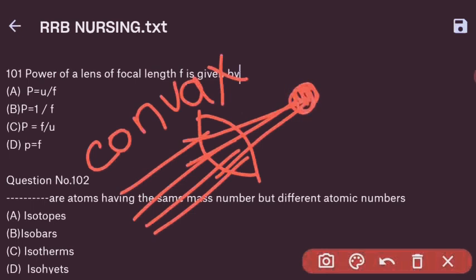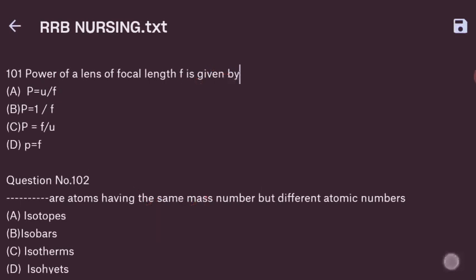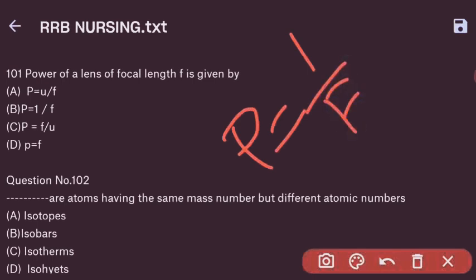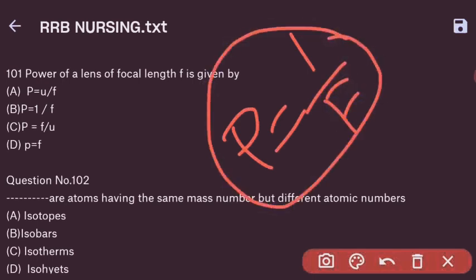This is the focal point and this one is called focal length. The formula is power of lens is equal to 1 by f, focal length. So here I have to remember this formula.